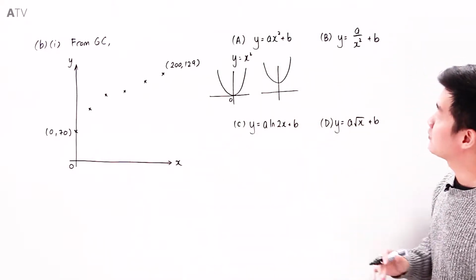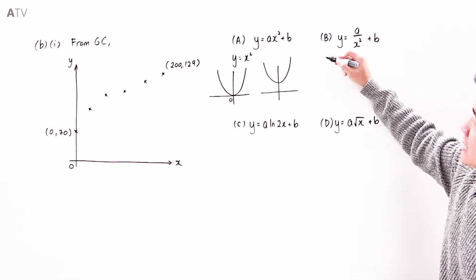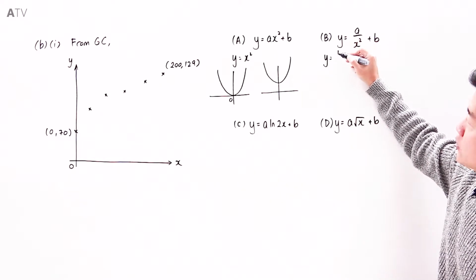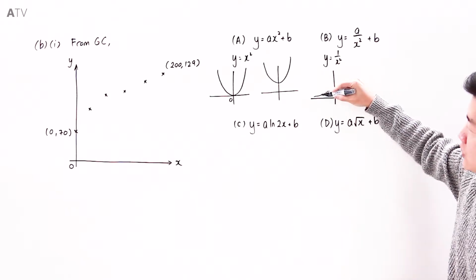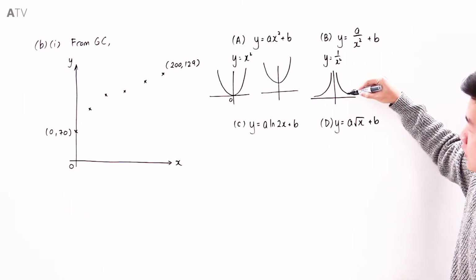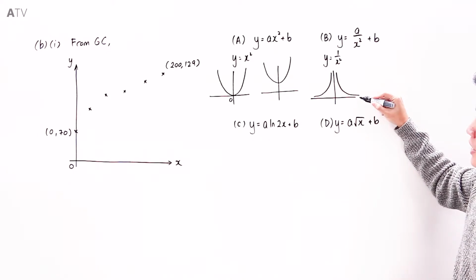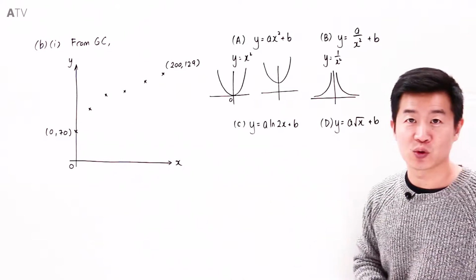Let's move on. Let's look at B. B, I can see this as a transformed graph of y = 1 over x squared. And this graph is going to look something like this, with a horizontal asymptote of y = 0 and a vertical asymptote of x = 0.